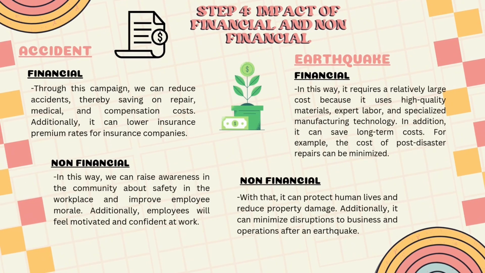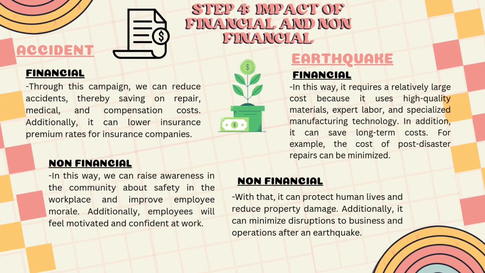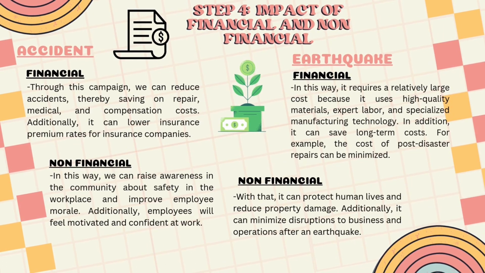Today, we will discuss two important campaigns: accident prevention and earthquake preparedness. For accident prevention, this campaign saves costs on repairs, medical expenses, and lowers insurance premiums. It also improves workplace safety, boosting employee morale and confidence.